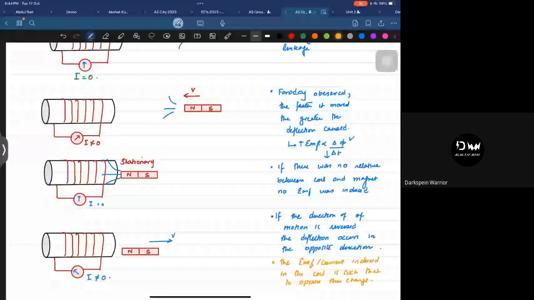So it will create its own north pole on this side to repel the magnet away. In order to do that, the kinetic energy of this magnet is taken up as work done by the electrons to oppose this, and the current will start to move in such a direction to create a north pole to oppose this. Do you guys understand that?